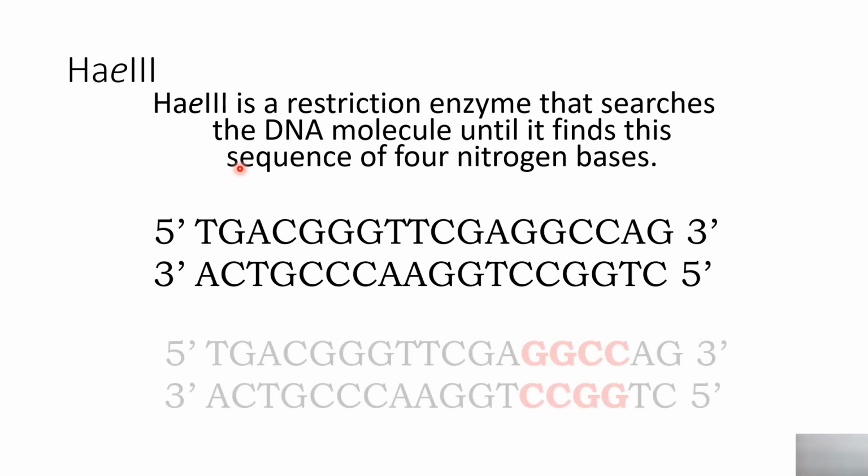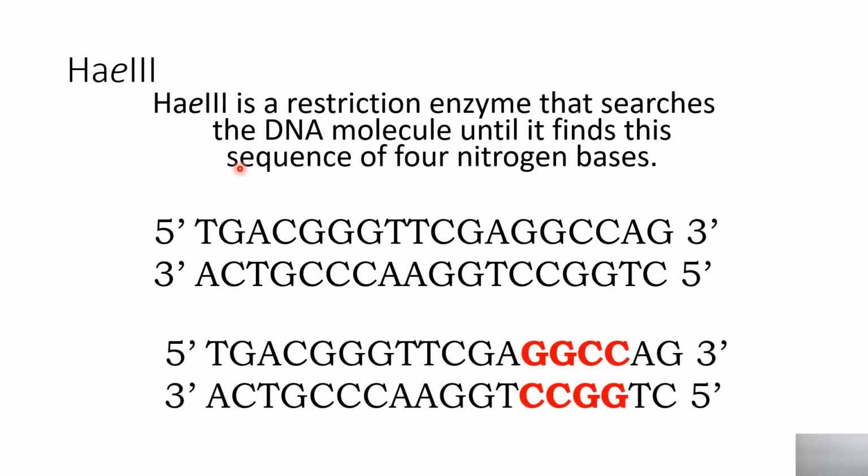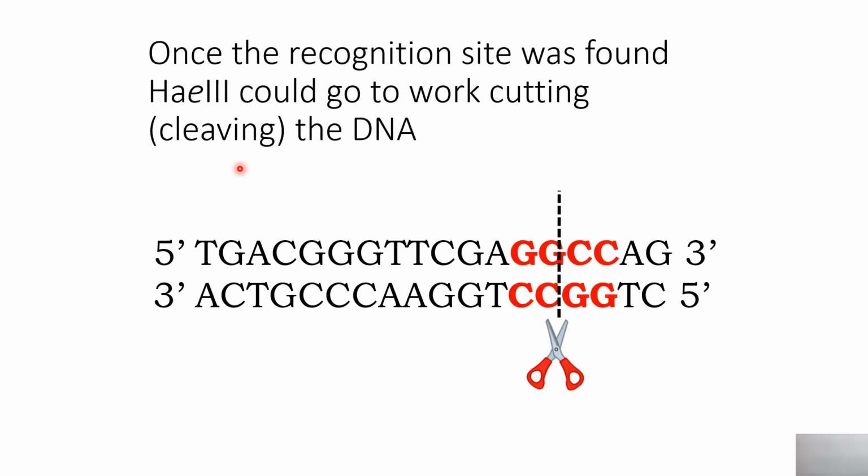GGCC. So this restriction enzyme will scan through the entire DNA and find the sequence of these 4 nitrogen bases. Once the recognition site is found, HaeIII will cut the DNA.